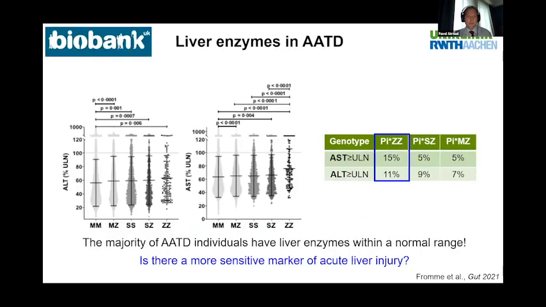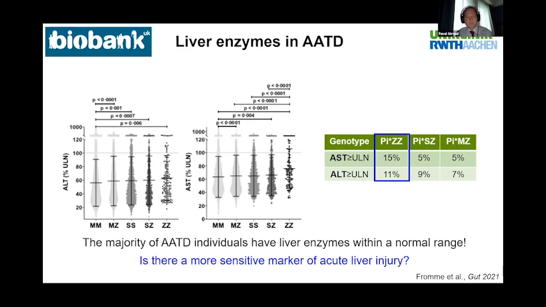Next slide. As mentioned, the liver enzymes are the classic biomarkers. Here is a large population-based study showing how the liver enzymes look in the MMs, that means in the normal population, and in the ZZs. And you see that they are actually not that different.